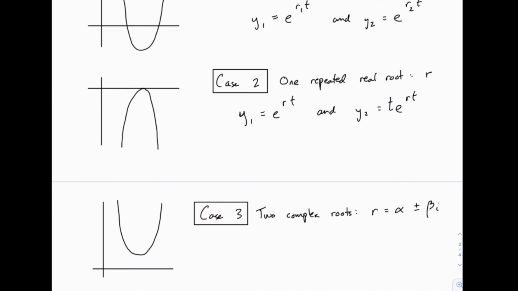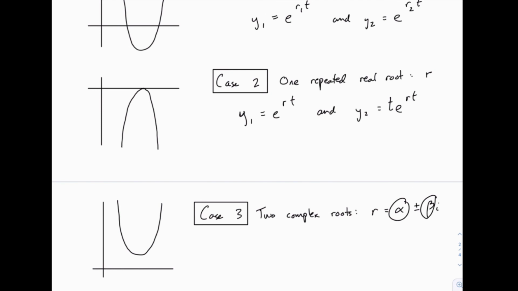If you're dealing with vibrations or circuits like we talked about with applications of second order equations, these complex solutions come up a lot. So a complex root in general is going to have a real part, which I'm labeling with alpha here, plus or minus an imaginary part, which I'm labeling with beta times i. So alpha and beta, just the first two Greek letters.